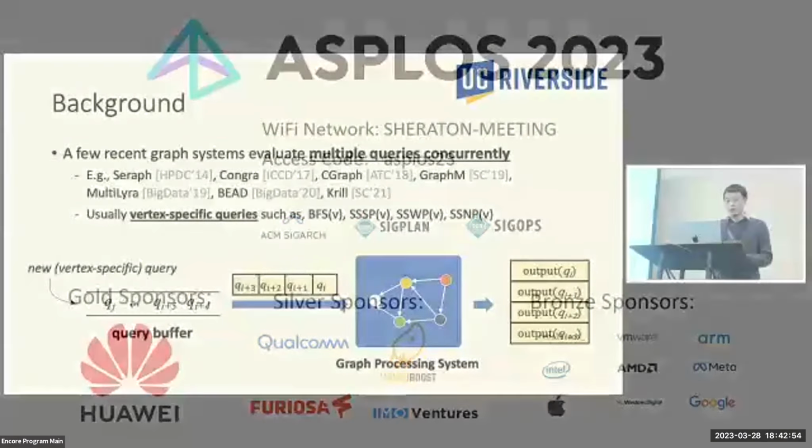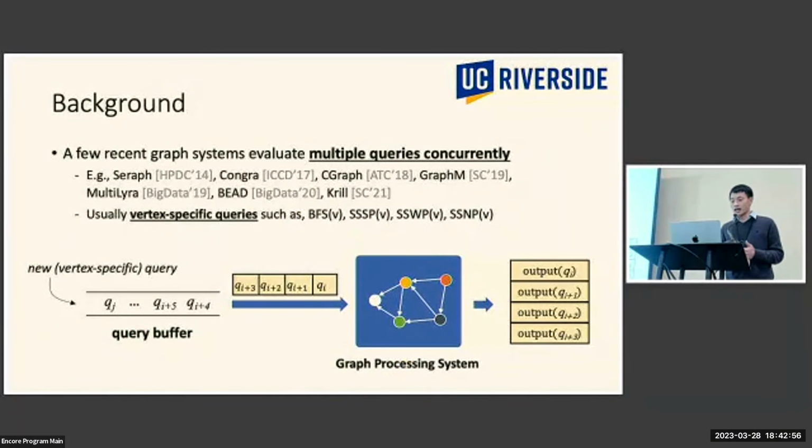More recently, people have proposed graph systems that are able to process multiple queries concurrently. So basically, a batch of queries are evaluated together on the same graph. Such queries are usually vertex-specific, such as a single source shortest path, which calculates the shortest distances from a particular source vertex to all the other vertices in the graph, so that people can ask different queries regarding different source vertices.